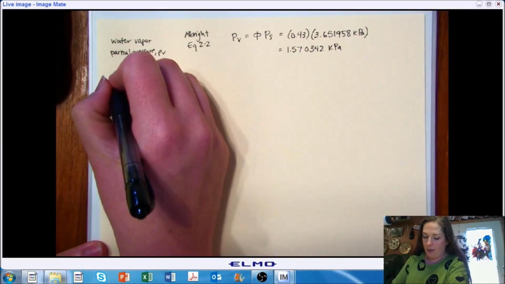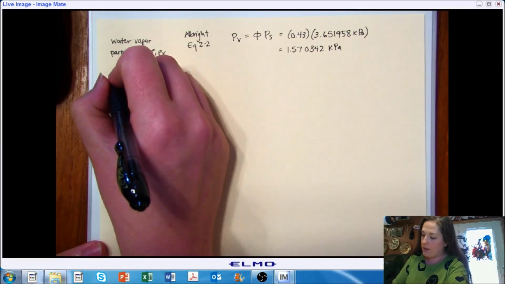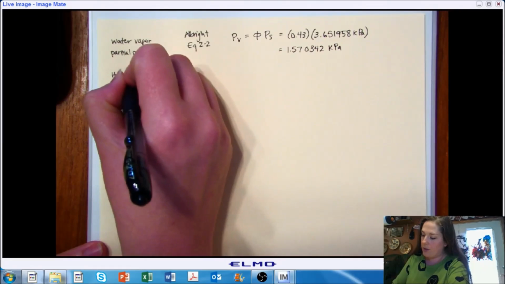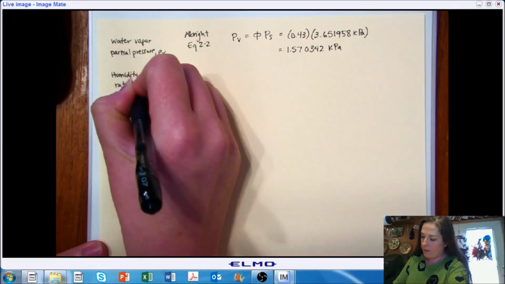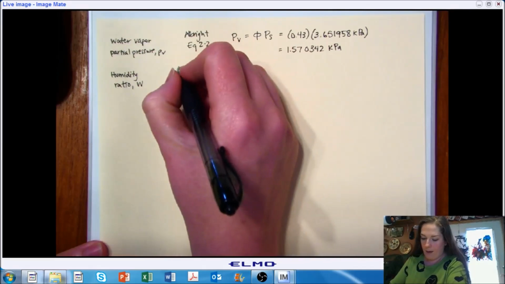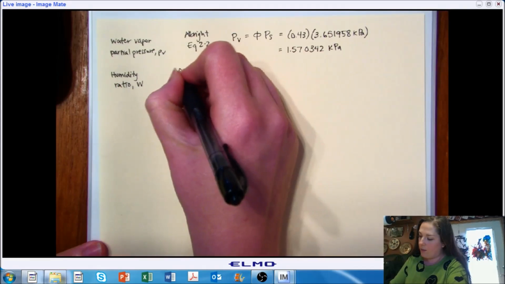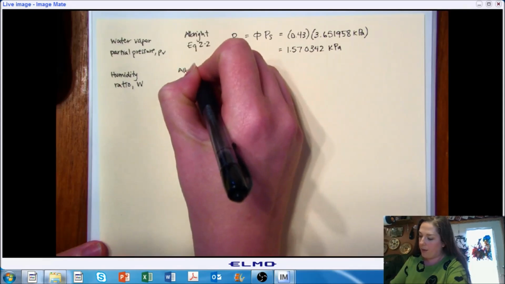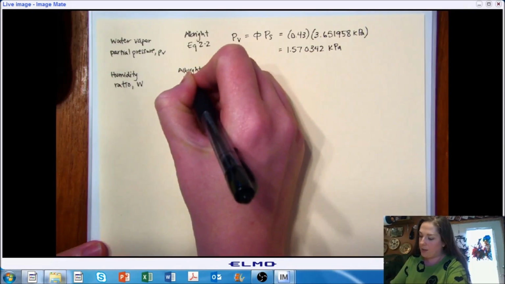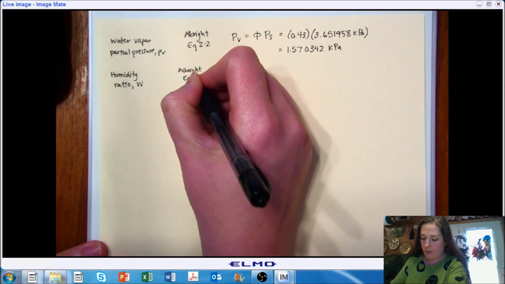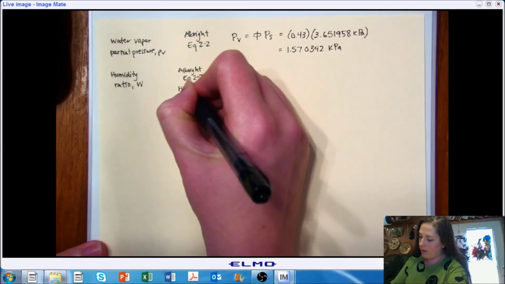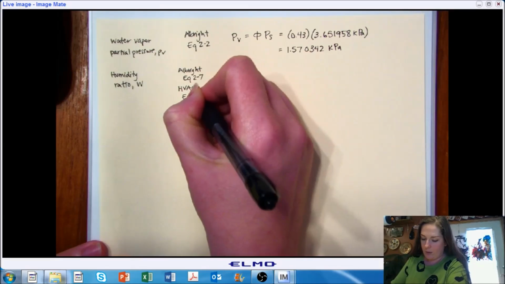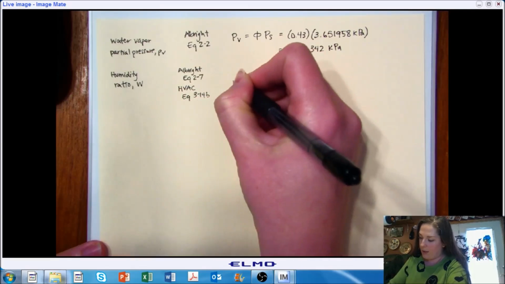Now we're ready to calculate our first property, which is, in this case, humidity ratio. We can stick with the Albright equations, but we have the same equation both in our textbook and in Albright. In Albright, it's equation 2.7, and in your textbook, it's equation 3.14b.